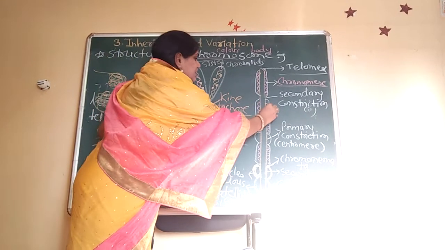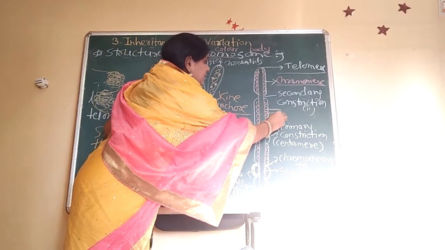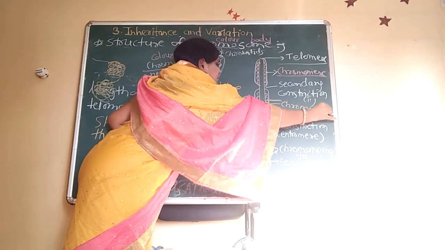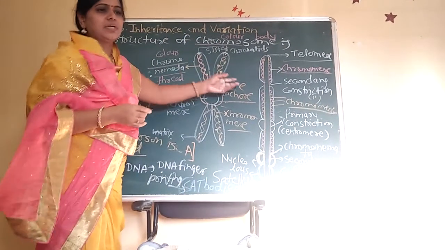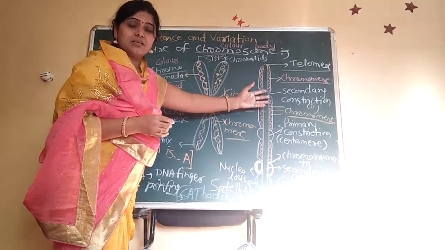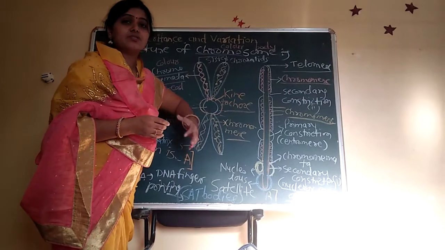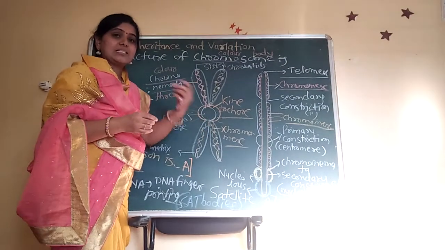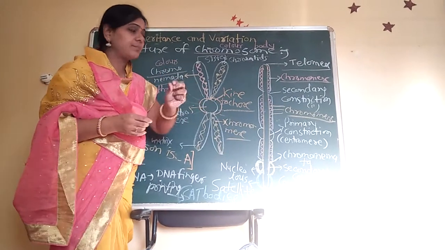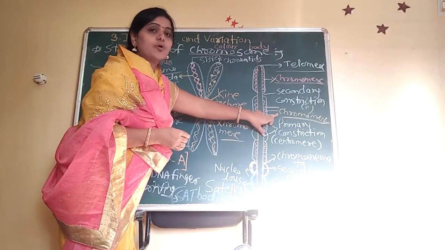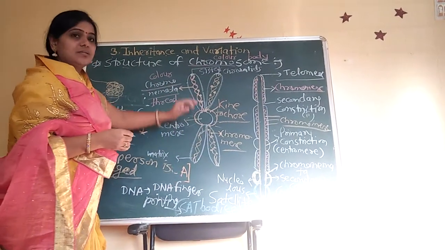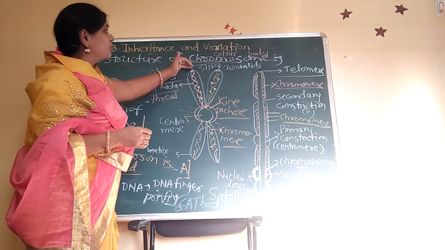These are all chromomeres. The chromosome surface looks swollen, and that swollen part is called the chromomere. This is the total structure of the chromosome.